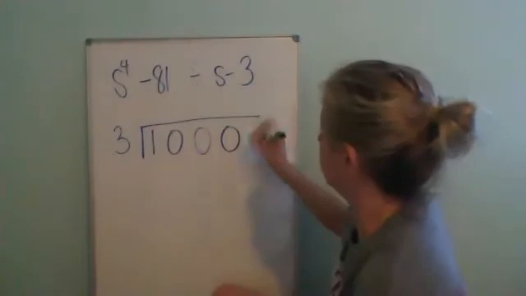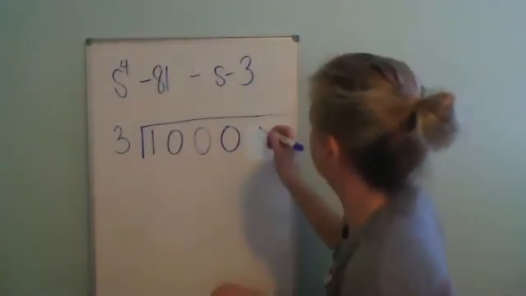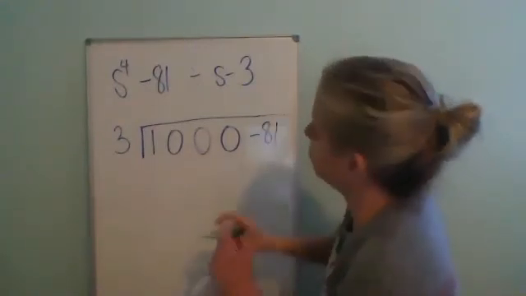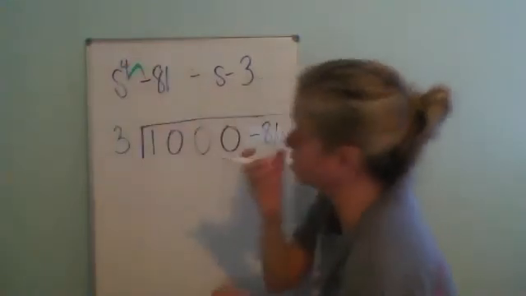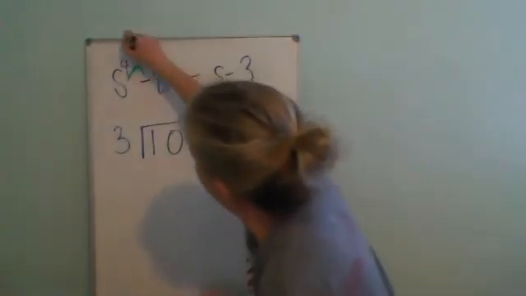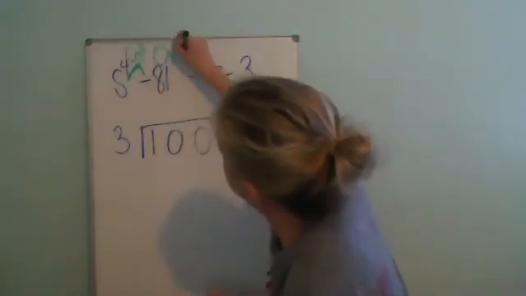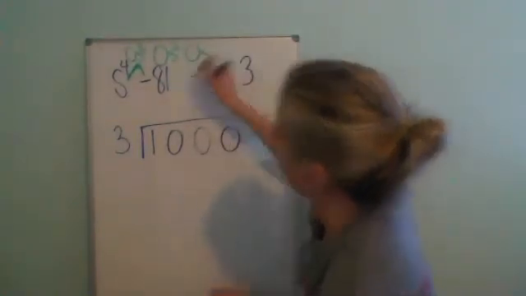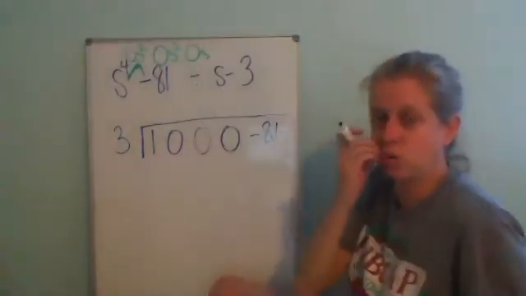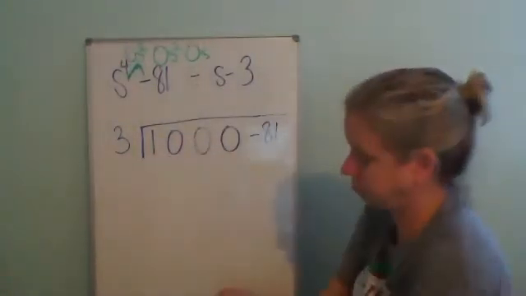And then the minus 81. So again, right in here, there's a bunch of missing terms. There's no s to the thirds, there's no s to the seconds, and there's no s's. So that's why there are 3 zeros down here.